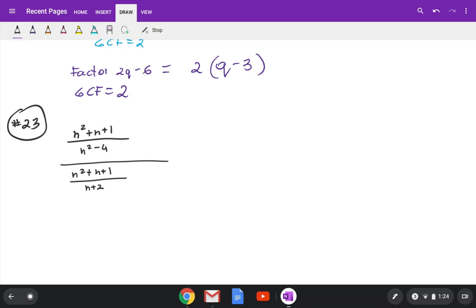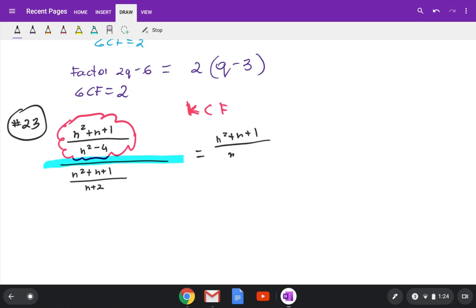So first I'm going to apply keep change flip because you have fraction divide by fraction. Okay, keep the first fraction. Again, don't forget that your major operation, it's right here in the middle, division. So I'm going to rewrite this as n squared plus n plus 1 over n squared minus 4.